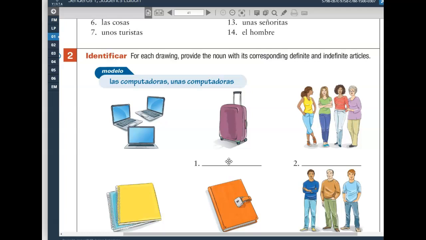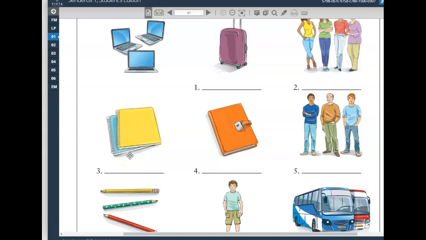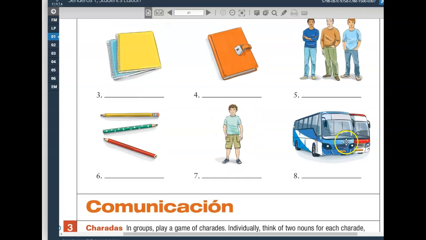now. This is maleta, mujeres, which is a group of women, cuadernos, diario, hombres, which is a group of men, lápices, chico, or muchacho, young man, muchacho.